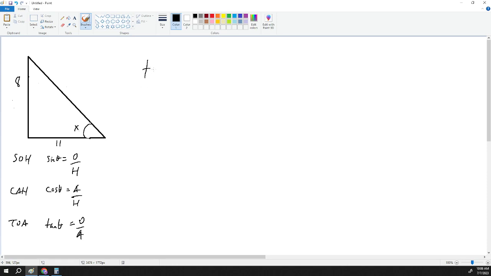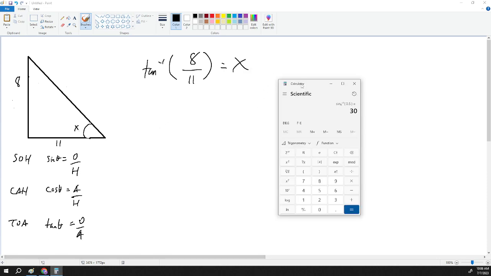So tan -1, we have 8 as our opposite, 11 as our adjacent. We are left with x. If we answer that, 8 divided by 11, and then inverse of tan.